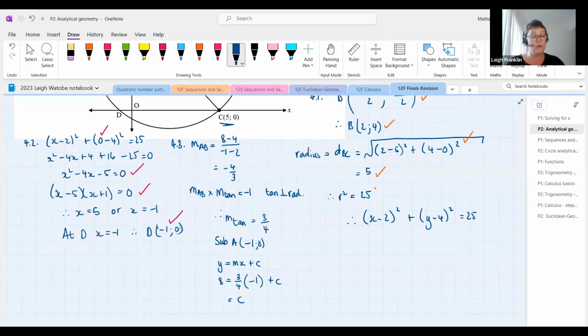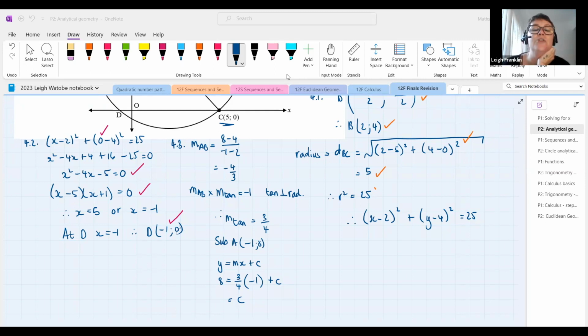So how big is c? What are you guys getting for c? I also got 35 over 4.